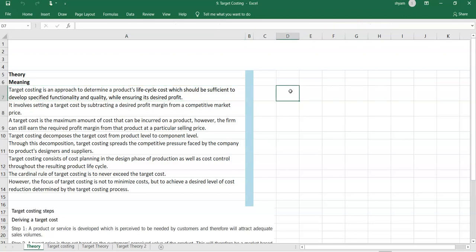So how does a company normally fix its price? Normal or conventional companies start with the cost they are going to incur to produce a product, the cost of the product. Then they add the profit. Then they arrive at the selling price.